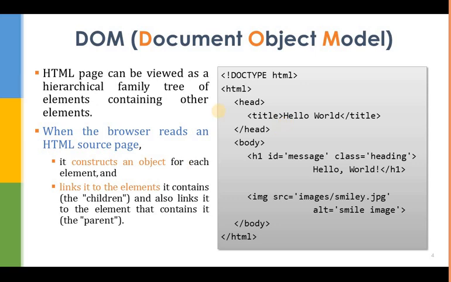This h1 and image are both children of this body tag, so the body tag is linked to h1 and image tag. After that, body is a child of the HTML tag, which is the parent of body, so it is also connected to HTML.